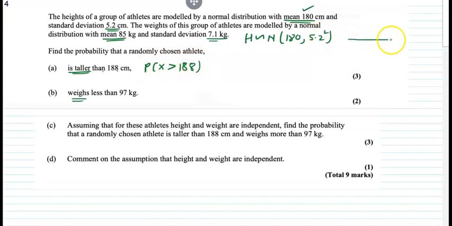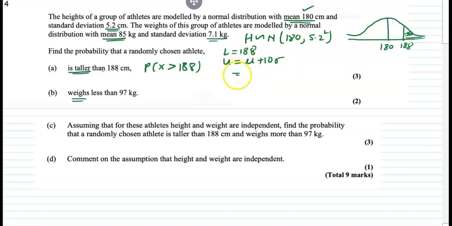So if you need to show the normal distribution curve, this is our mean value, that is 180, and this is 188. Taller than 188 means this area. Okay, so here our lower value will be 188, upper value will be mu plus 10 sigma, up, sorry. So mu is 180 plus 10 times 5.2, and once we simplify it we get 232.